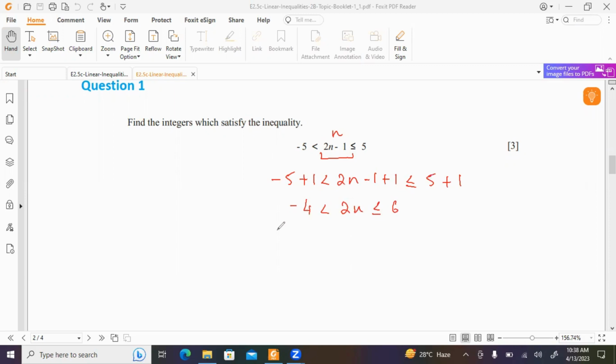Now we need to get rid of 2. That means we're going to divide by 2. That's -2, n, and 3. So n is less than or equal to 3, but greater than or equal to -2. So if we have to find the integers, that's going to be -1, 0, 1, 2, 3. That is n.